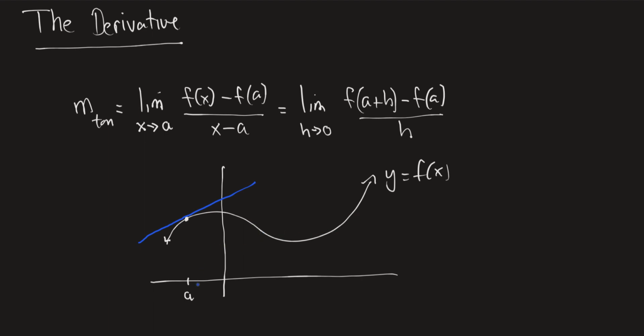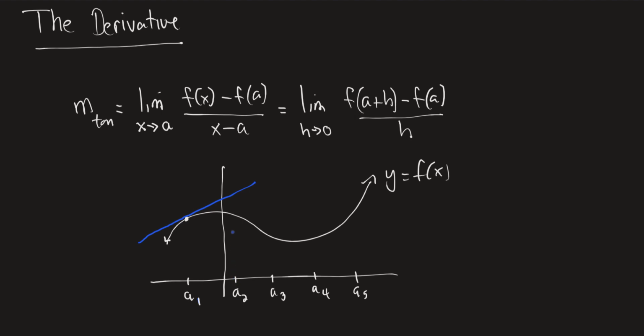So instead of a, now I'm going to use a subscript: a1, and then let's say a2, a3, and a4. What if, in one particular problem, you had 5 different points at which you wanted to draw the tangent line?